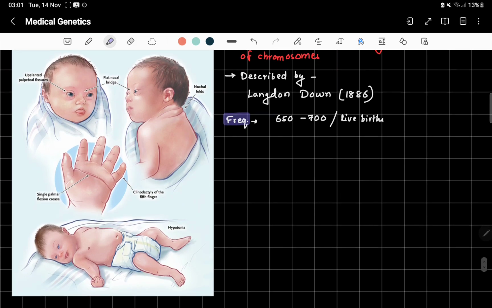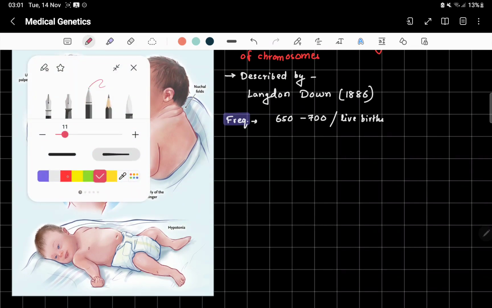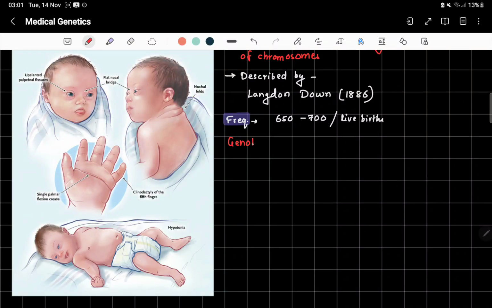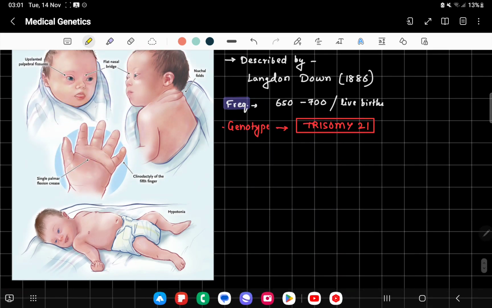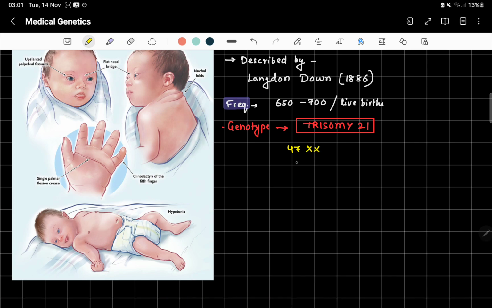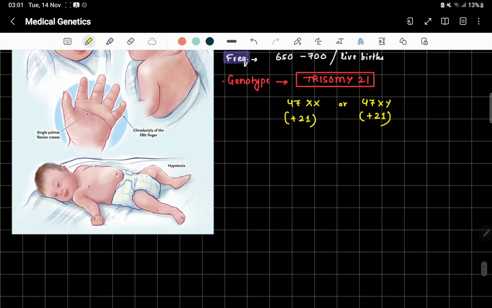About the genotypic changes in Down syndrome, it is called trisomy 21. So the genotype is 47 XX plus 21 or 47 XY plus 21, depending on whether the patient is female or male.